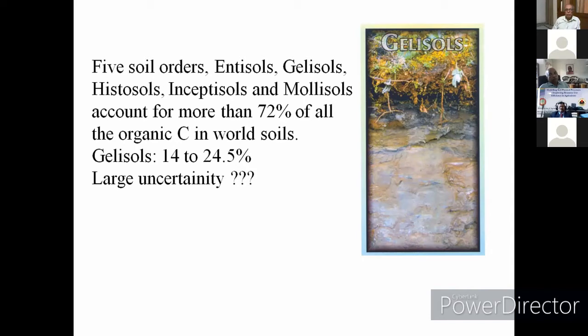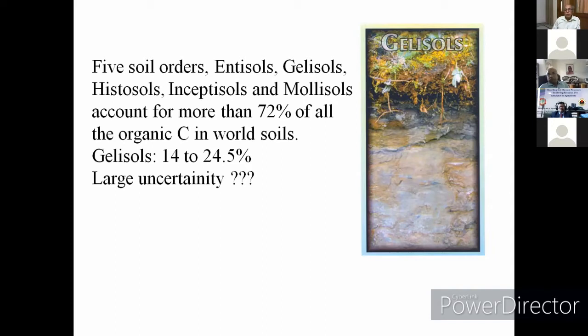So that means out of 2,500 gigatons of carbon, about 72% is stored in 5 soil orders. And most important, about 1/4 of this carbon is stored in Gelisols. Gelisols are soils which are under permafrost in Siberia, Canada, and many countries. You don't find them in India, basically.